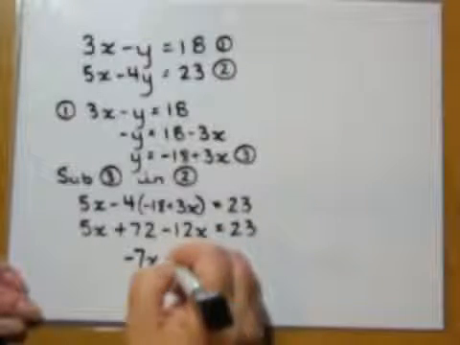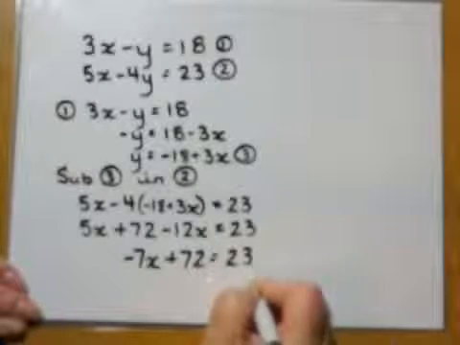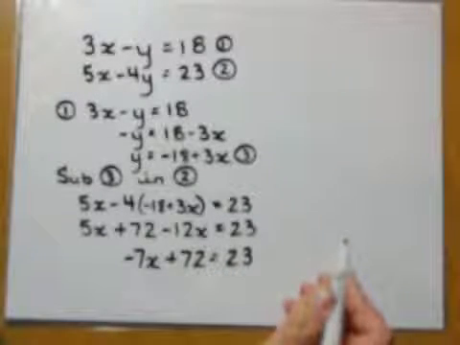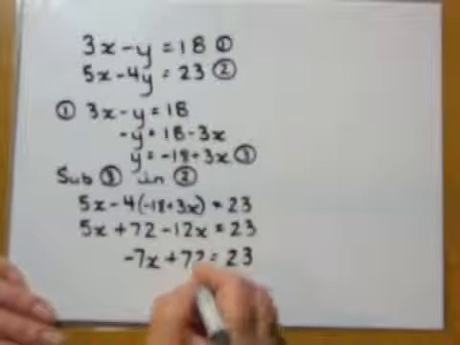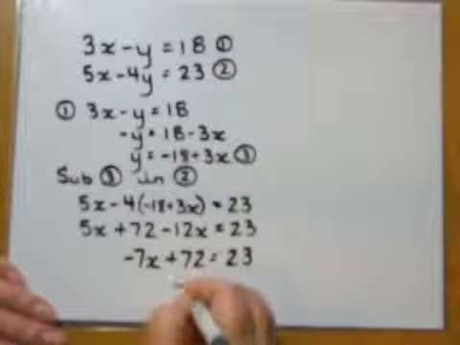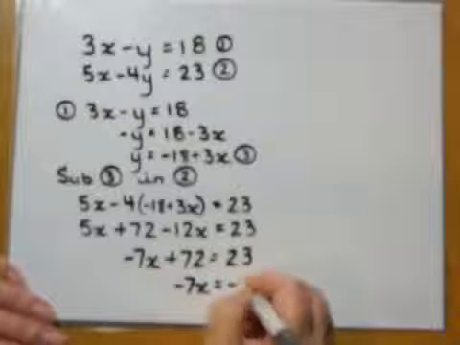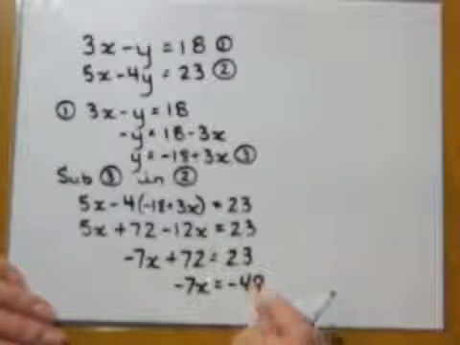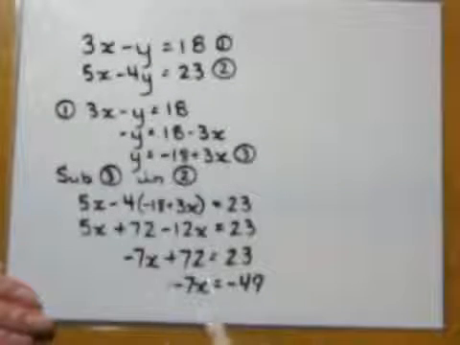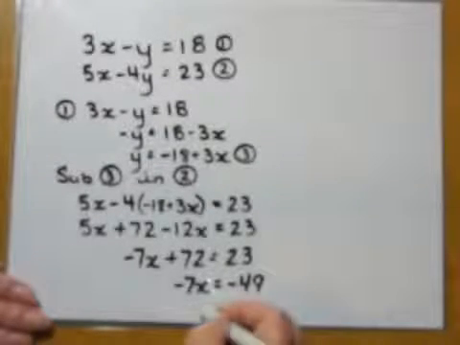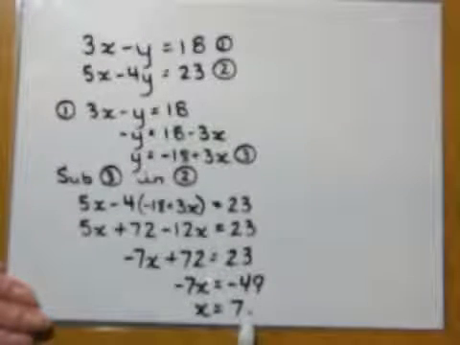I still have this plus 72 equals 23. Now I want to subtract 72 on both sides. That leaves me with just negative 7x on this side, and on this side 23 minus 72 is negative 49. And now to get rid of this negative 7x, I'm going to divide both sides by negative 7, which gives me x equals positive 7.